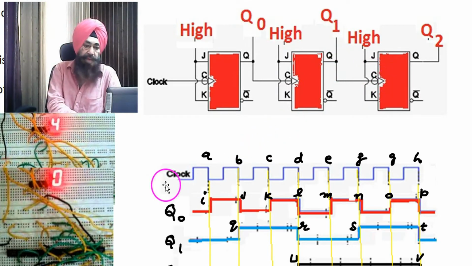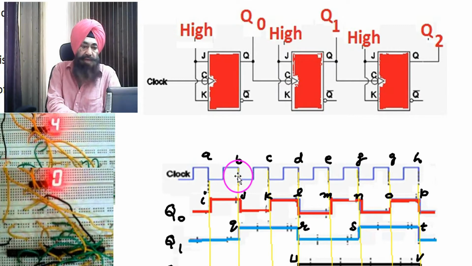Now this is a clock pulse, and because there is a triangle and a circle, the falling edge is effective. When the falling edge arrives, the first flip-flop toggles, going from low to high.